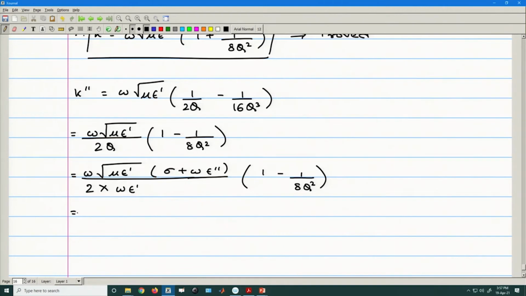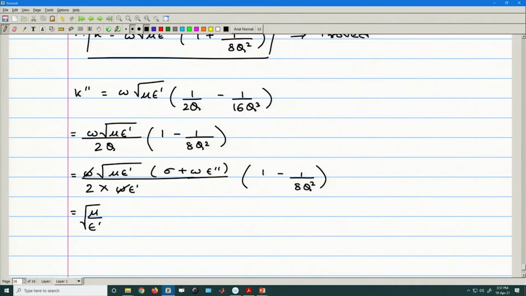Here omega and omega will cancel out, and this we can write as root mu upon epsilon prime.